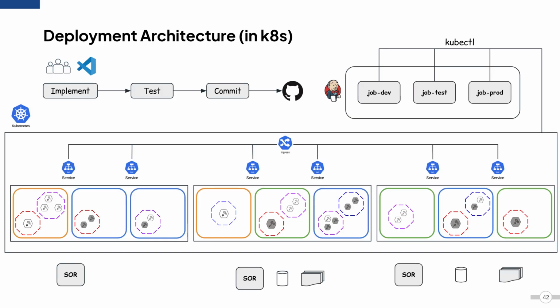And in the production environment as well, you may have different services, different pods running in different worker nodes, which you don't need to worry about because Kubernetes concepts like services and ingress do this abstraction very well for you.